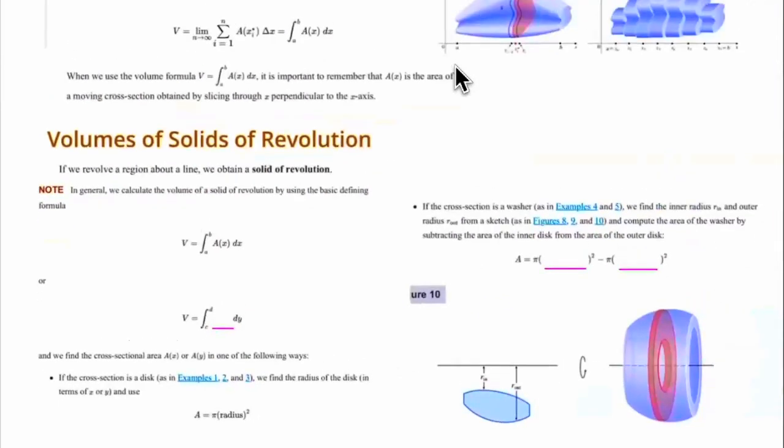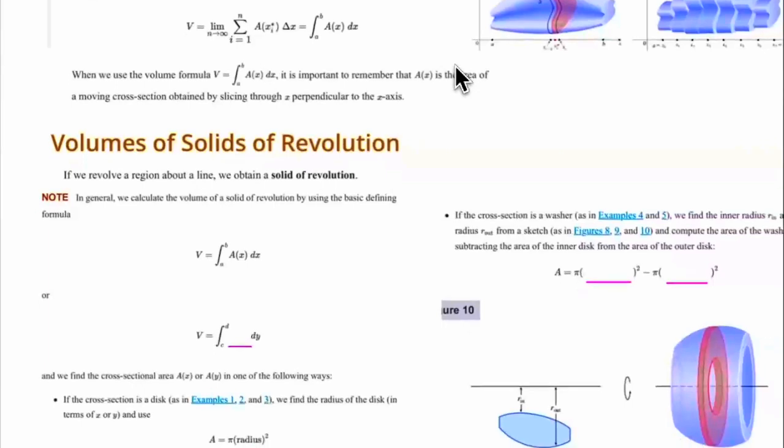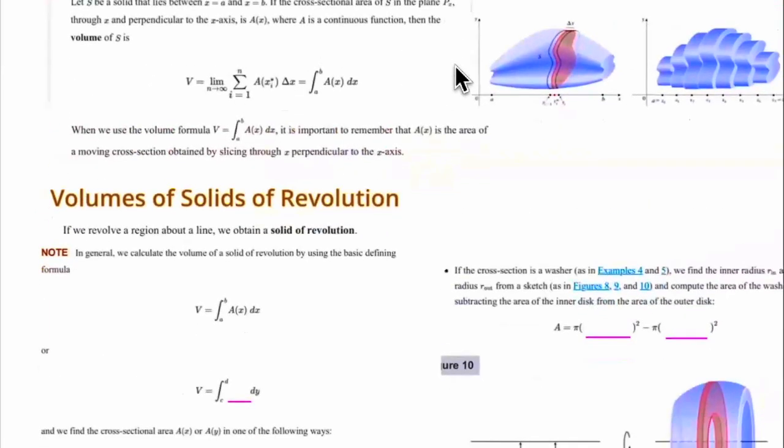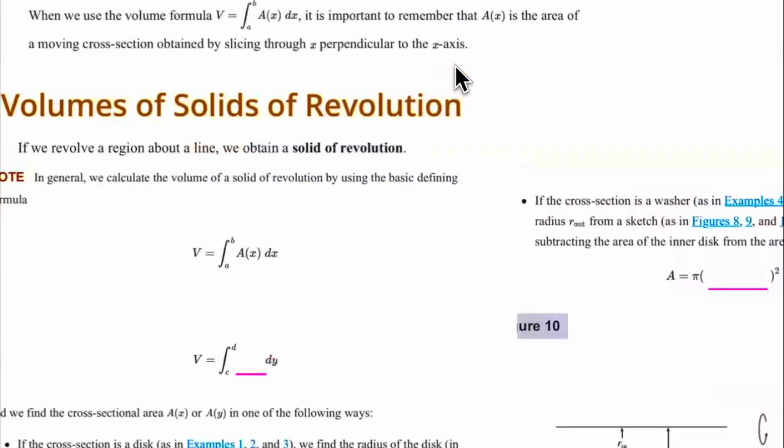Similarly, if the solid is turned up and down instead of left and right, you still do the same kind of slicing. But this time the volume is going to be the integral with respect to y, so dy.